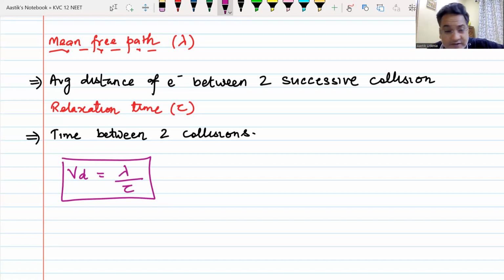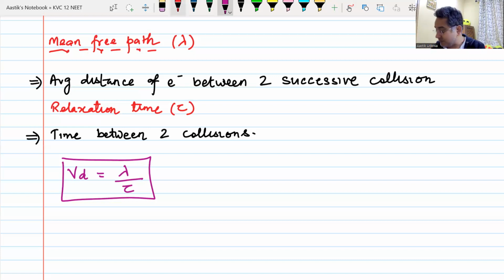How much is the average distance they have traveled and what is the time between those collisions? Do we understand this, everyone? Is it clear to everyone? This is the relation between velocity, the mean free path, and the relaxation time.